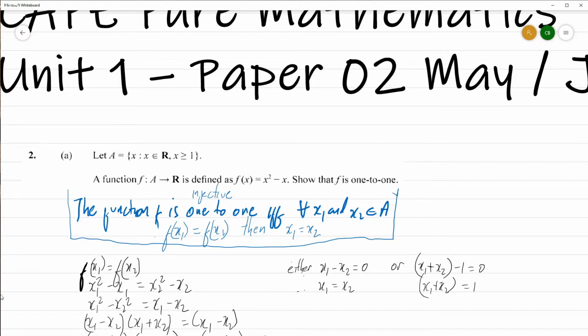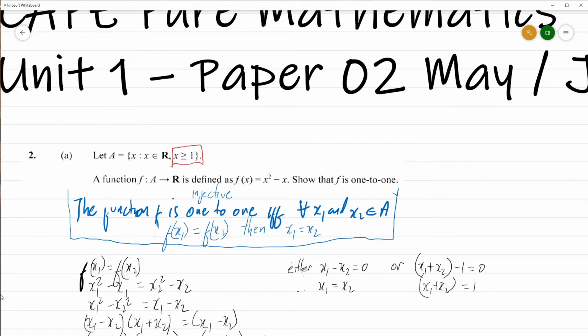Now we were given a condition. The condition we were given on the limitations for our domain is that x must be greater than or equal to 1. So we are not accepting all values of x. Now we have this expression x1 plus x2 is 1.